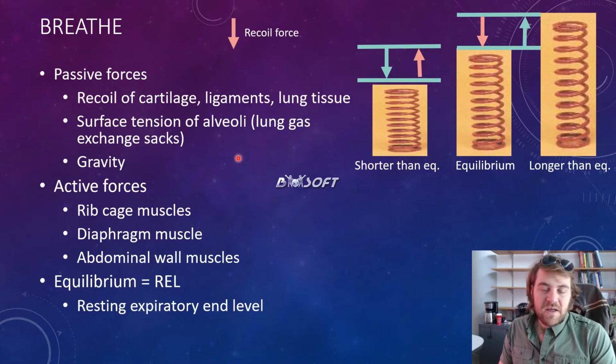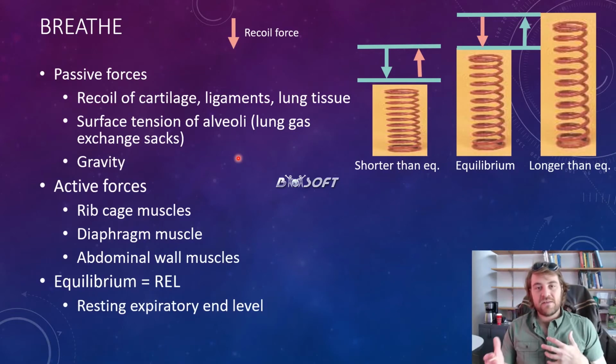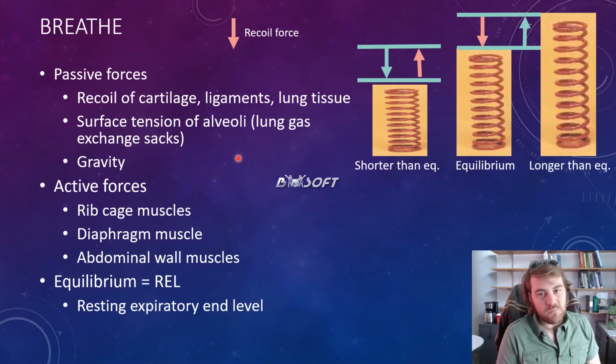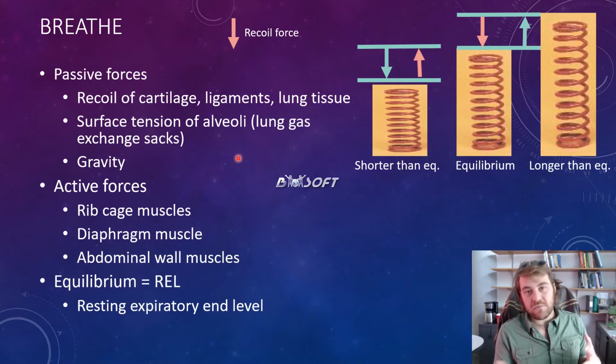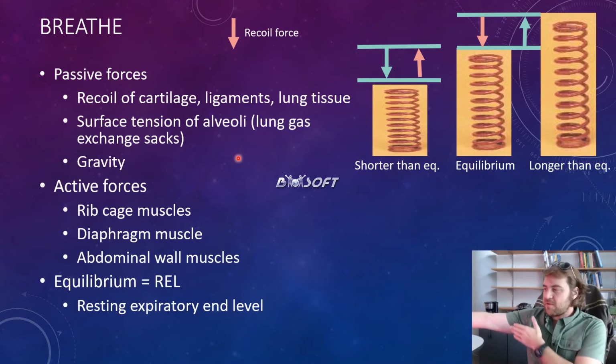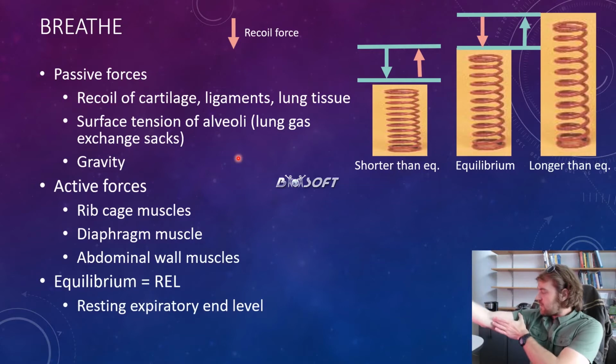So we've got a couple different forces at work, right? We've got passive forces and active forces. So one of the things that happens when you contract most muscles, so let's think about the arm again, like we talked about last time. When you move the arm like this, we're pulling on this muscle. This muscle is contracting.